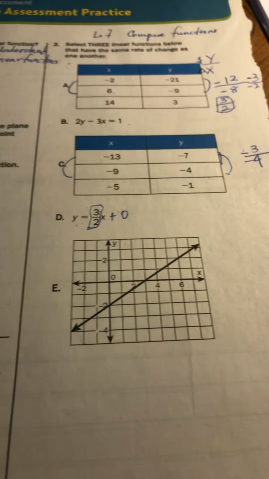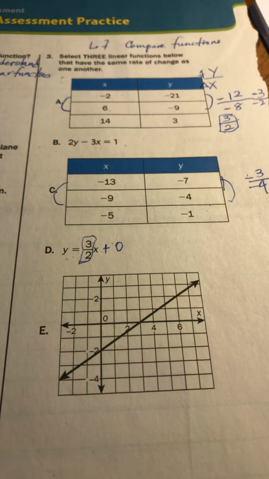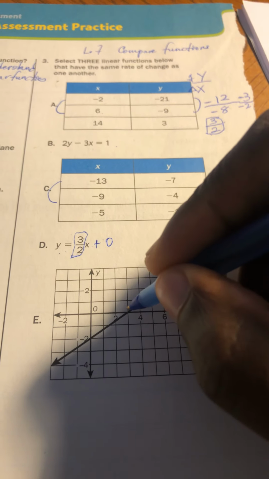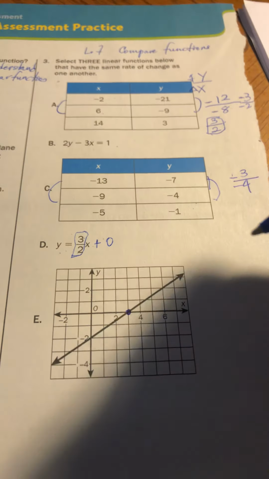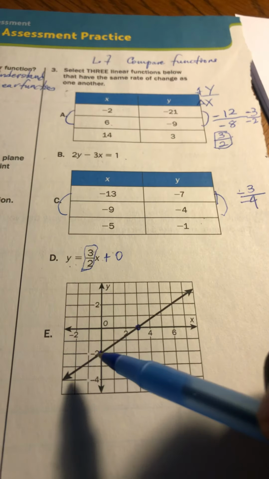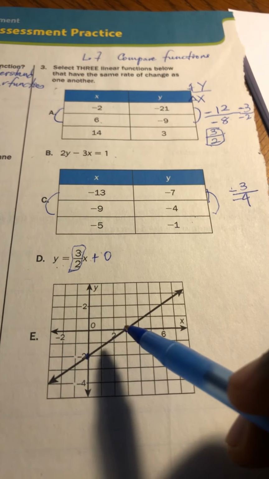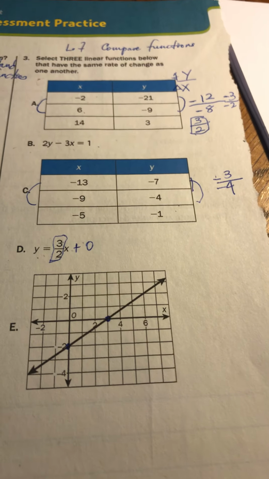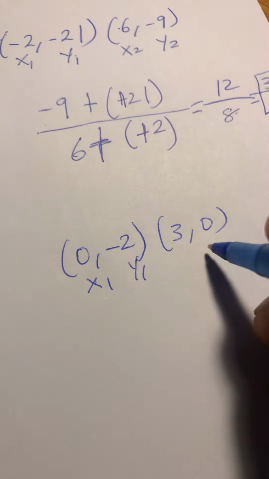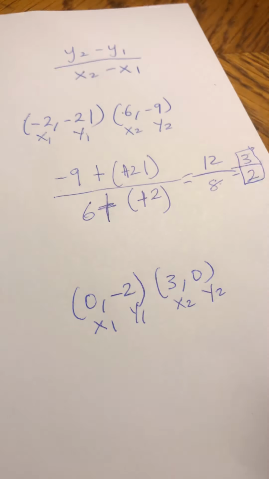And for E, to find your slope or your rate of change from a graph, there's two ways you can do it. You can find 2 points that you know for sure the x and y coordinates of. So this I know for sure, and this I know for sure. Then you can write it out. So this is 0, negative 2. This is 3, 0. All right, then we label it: my first x, my first y, my second x, my second y, and plug it into our formula, which is y2 minus y1 over x2 minus x1.